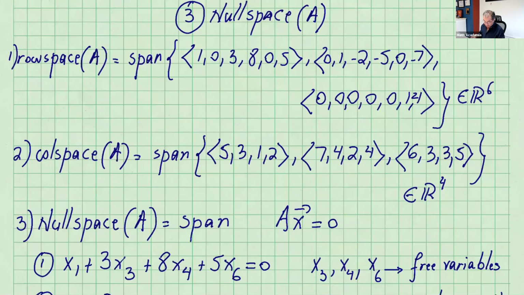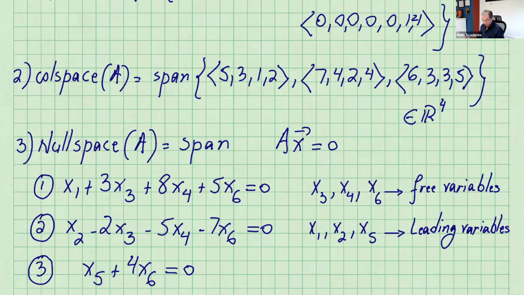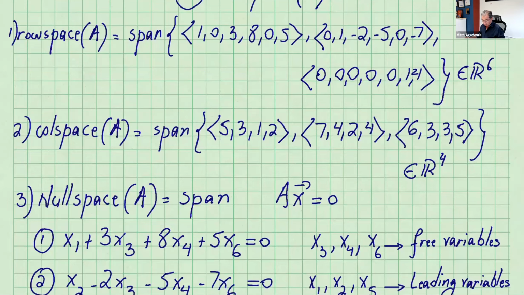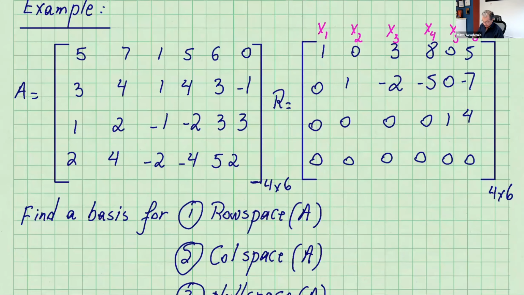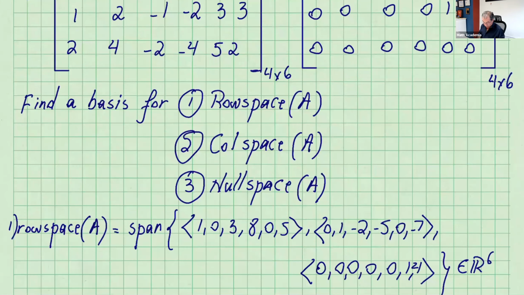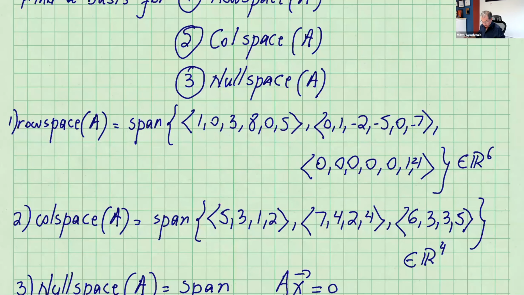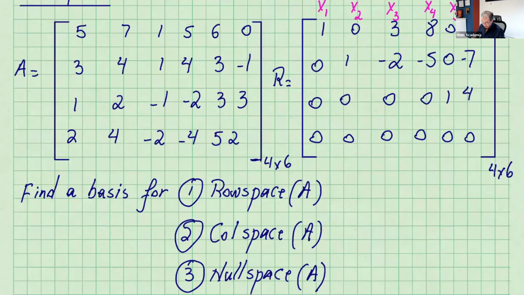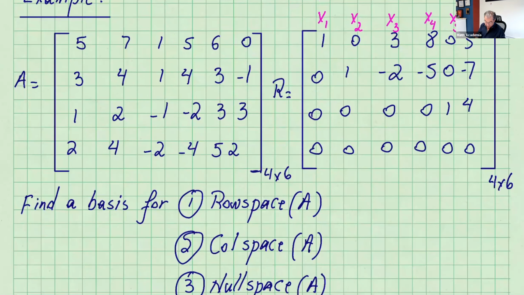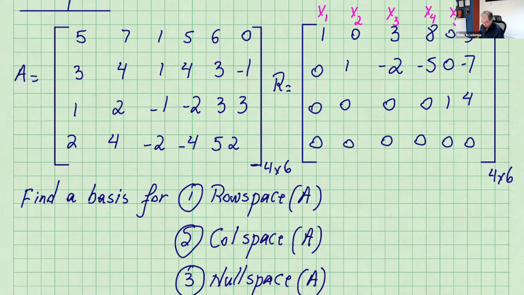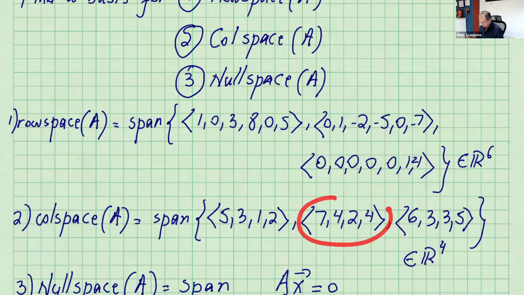Now the column space of A is going to be the span of 5, 3, 1, 2, and so on. Let's read those. We go to our pivot columns. That's a pivot column, and you take the corresponding column of the original matrix, which is 5, 3, 1, 2. Then you go to the second pivot column, and you take the corresponding column in the original matrix, which is 7, 4, 2, 4.